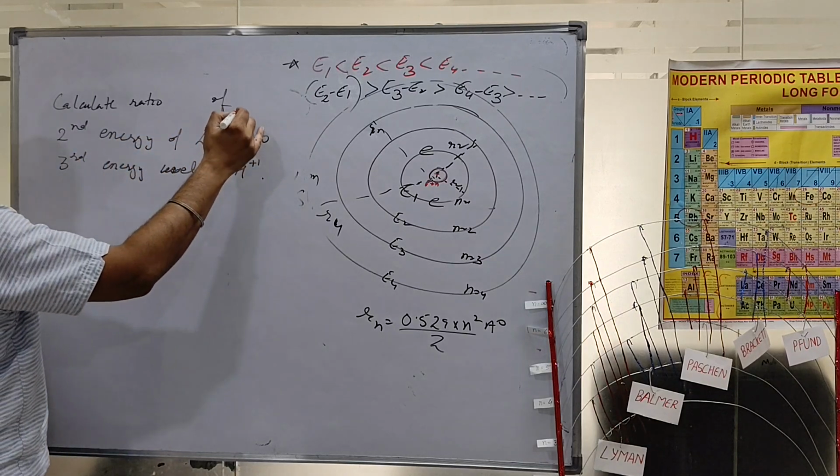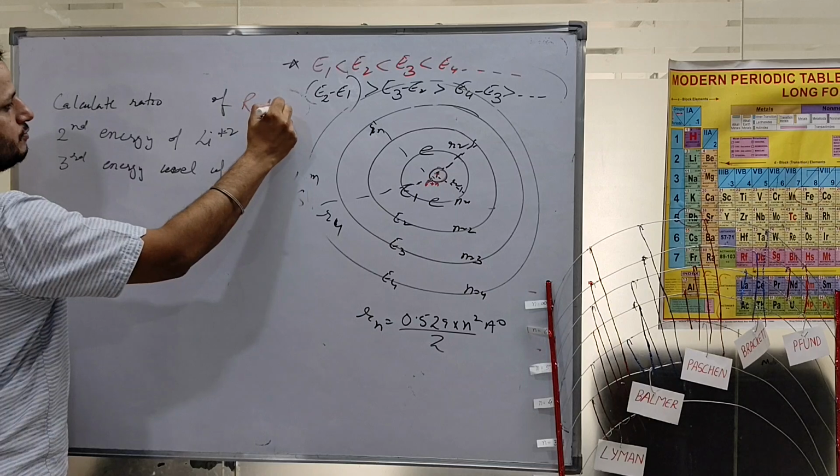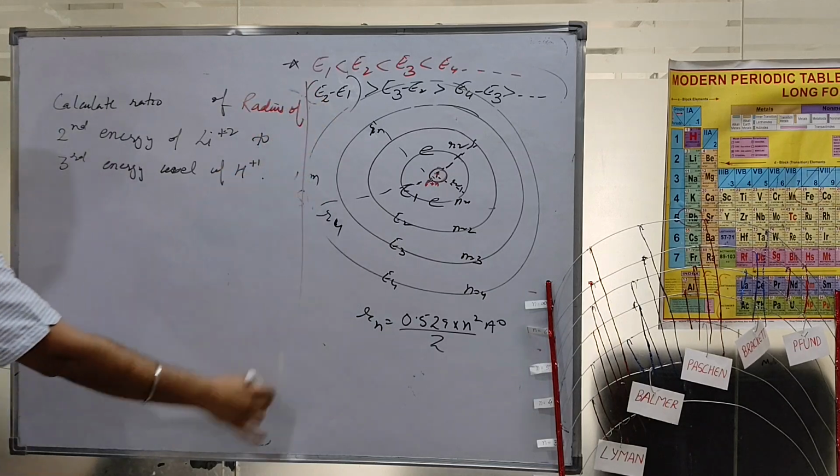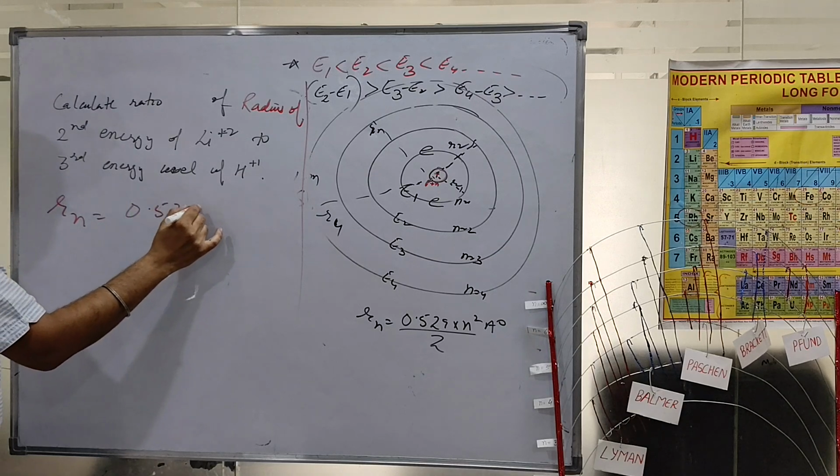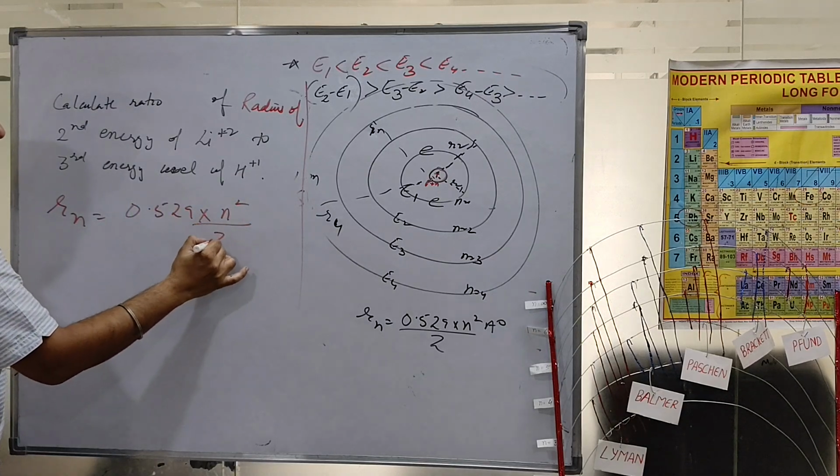Calculate ratio of radius. तो radius का formula 0.529 into n square by z.